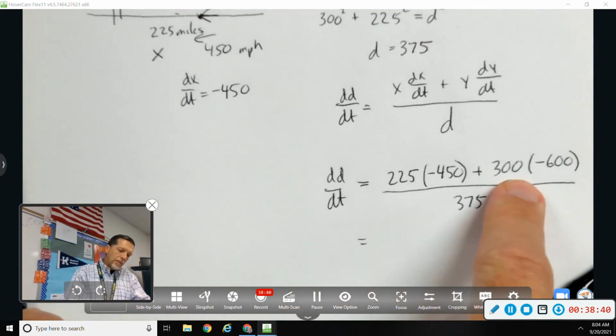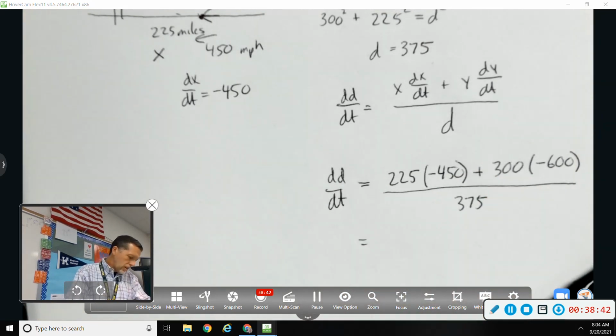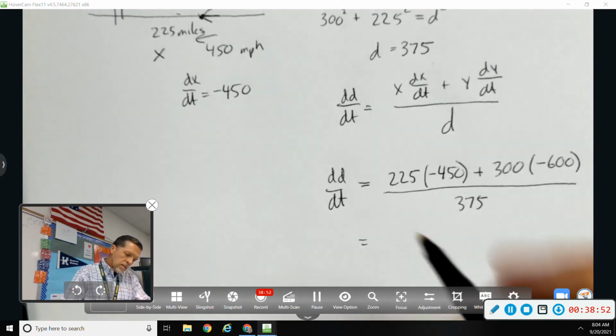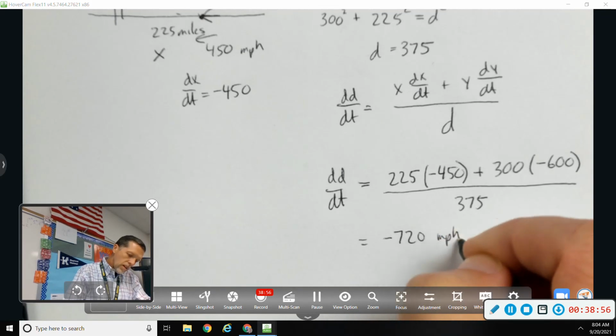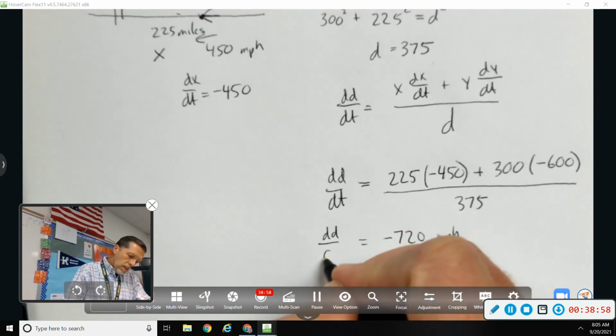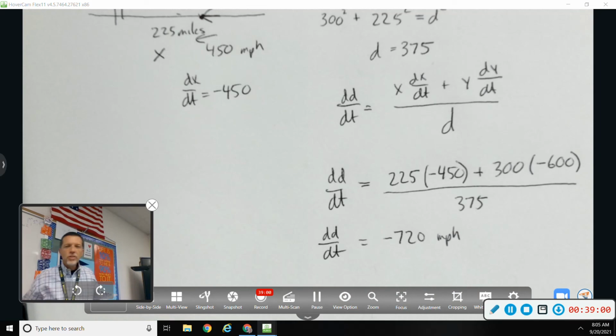That's definitely going to be negative though. So they're getting closer to each other at 720 miles per hour.